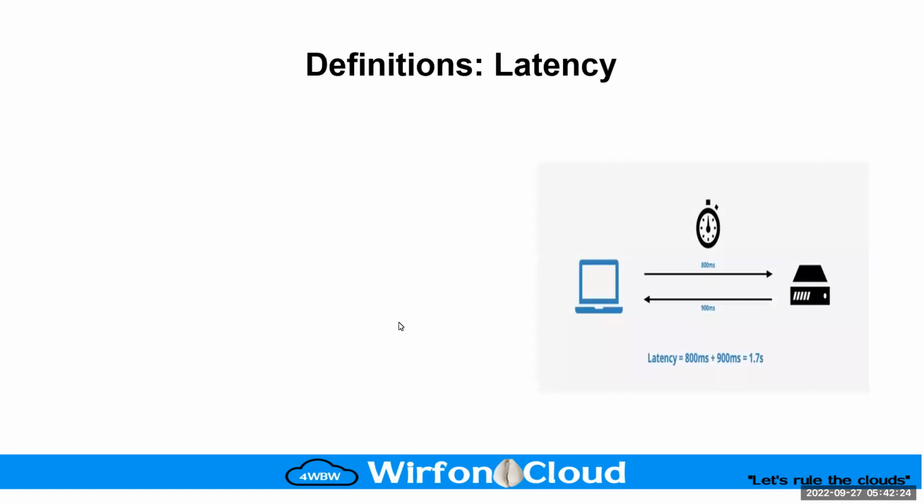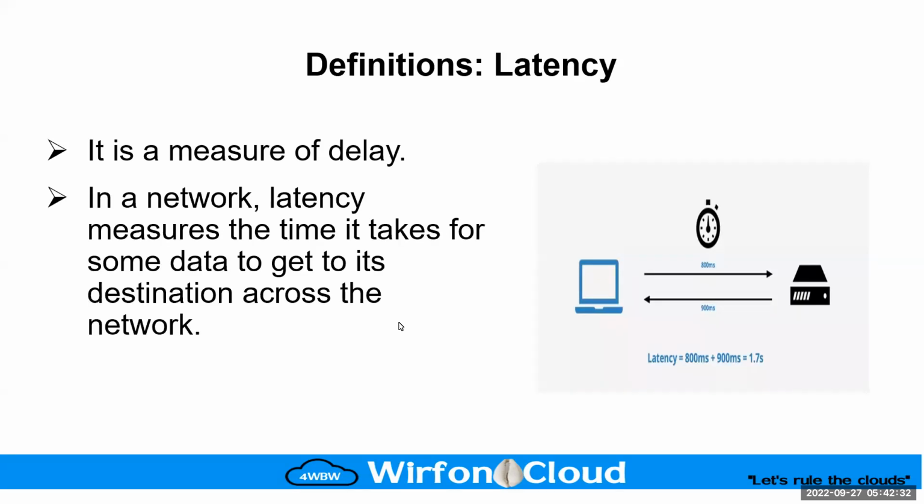So now, latency. It's defined as a measure of delay. In a network, latency measures the time it takes for some data to get to its destination across the network, and it's measured in milliseconds.